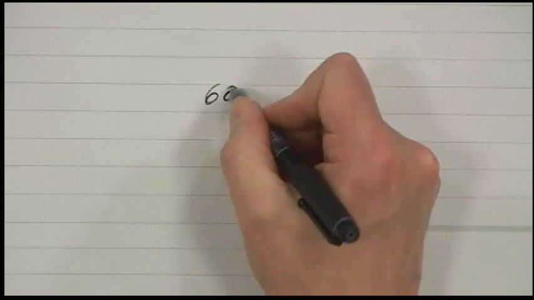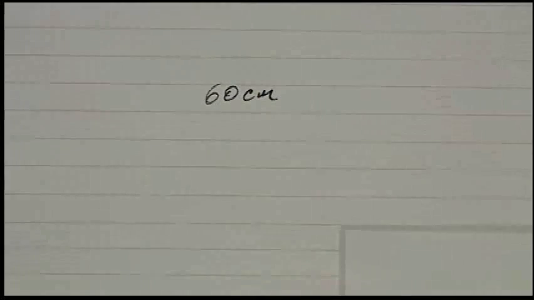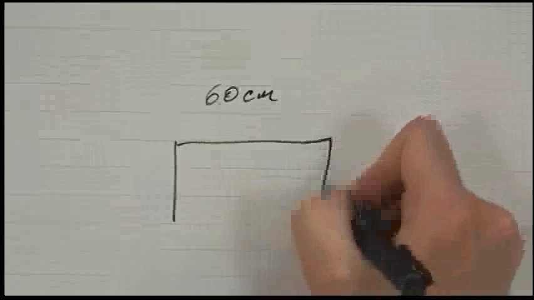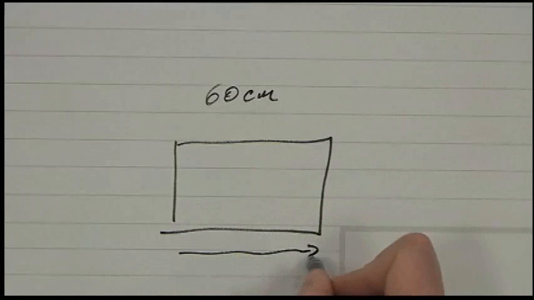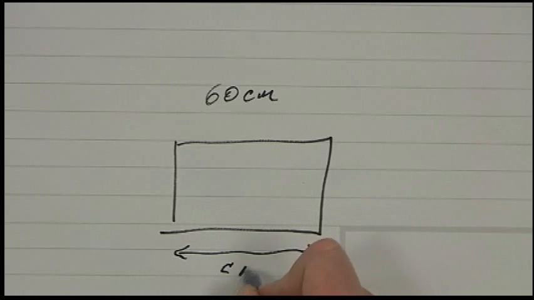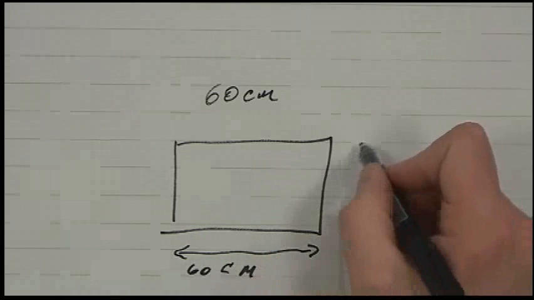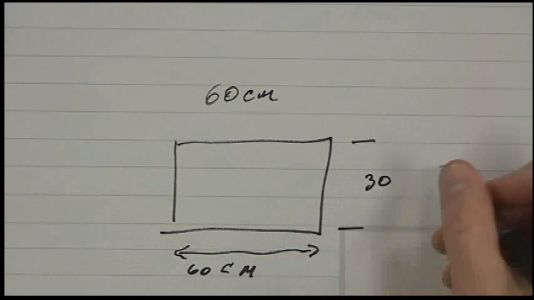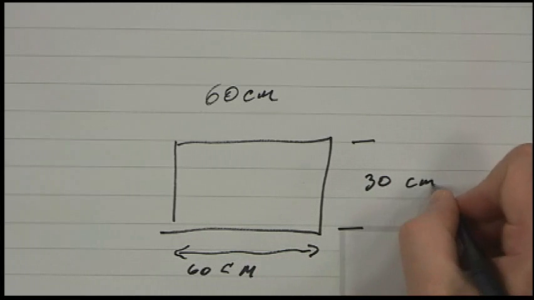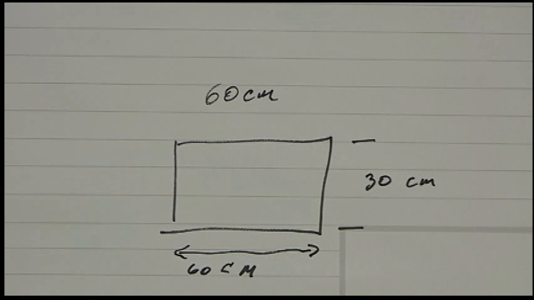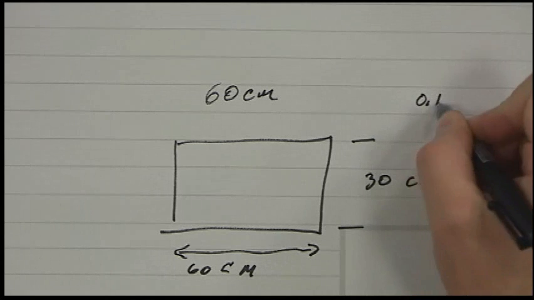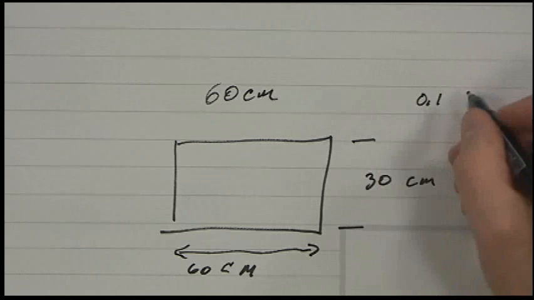So let's say 60 centimeters, okay? So a person is 60 centimeters wide. And let's say they're 30 centimeters thick. Okay, so if you want to image that, and let's say you want to get 0.1 centimeters, 1 millimeter resolution.